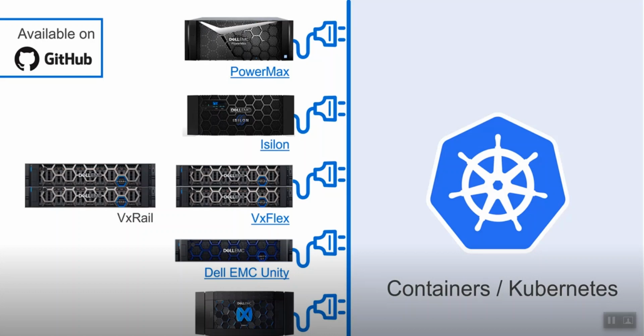And VxRail, which is our VMware hyperconverged platform, actually uses the cloud-native storage interface for Kubernetes workloads, which is now built into the latest vSphere.